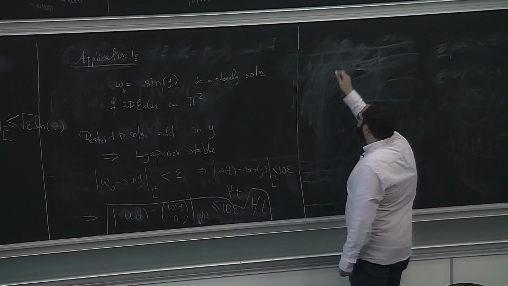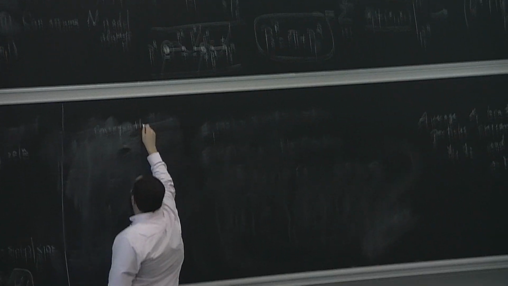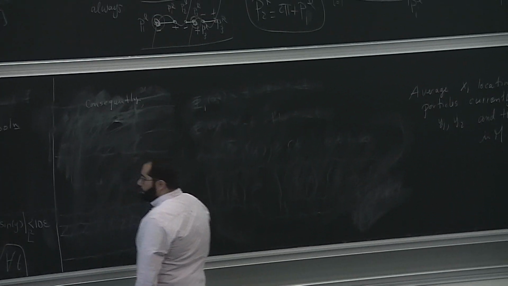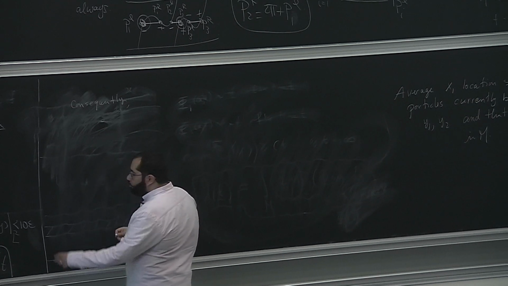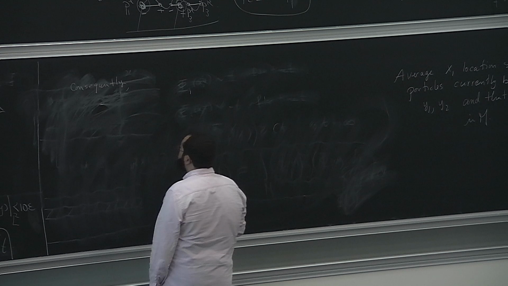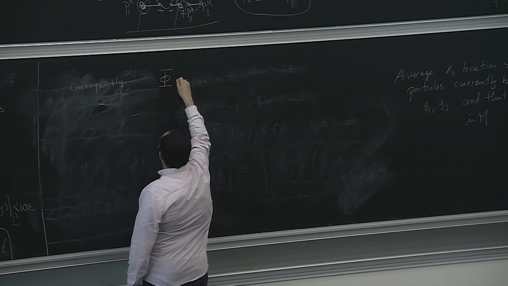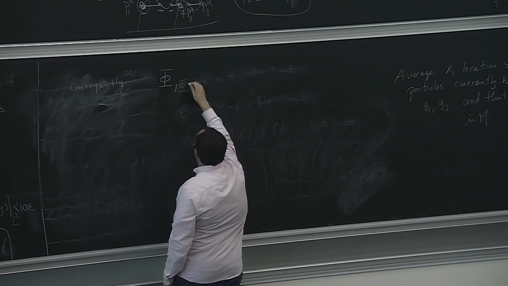So consequently, look at the flow map for any initial vorticity close to sine of y. The flow map must satisfy a similar estimate to what we wrote there.